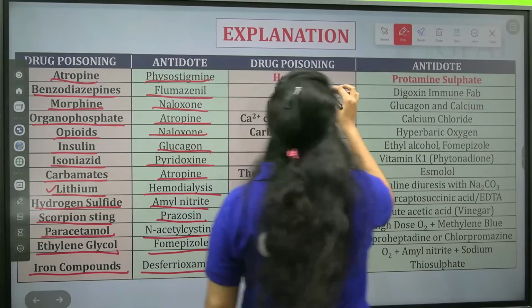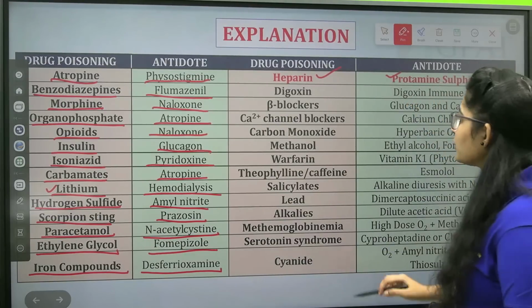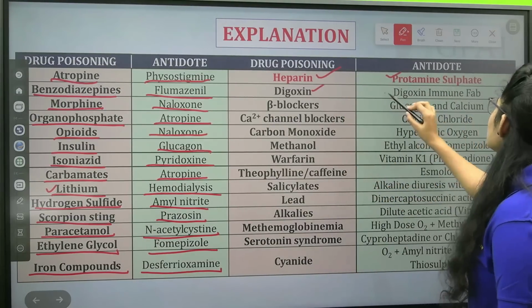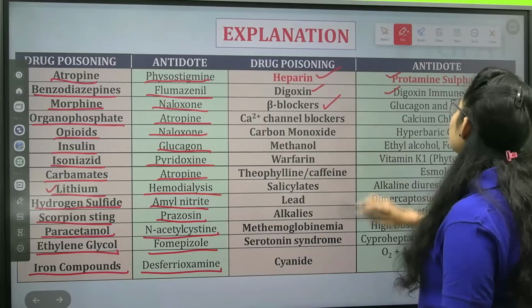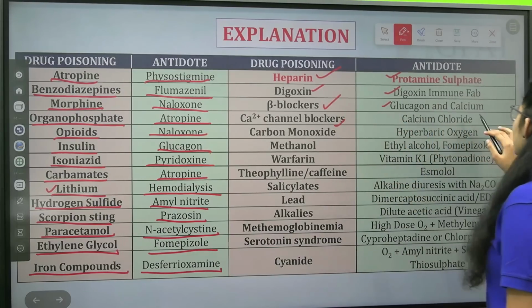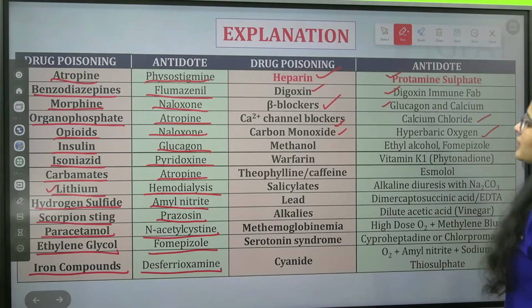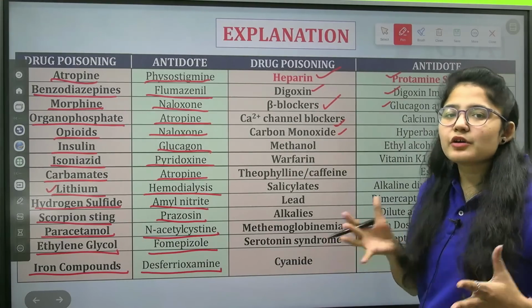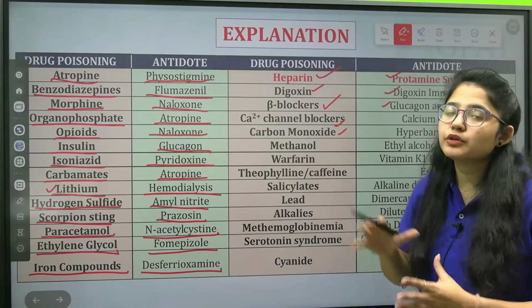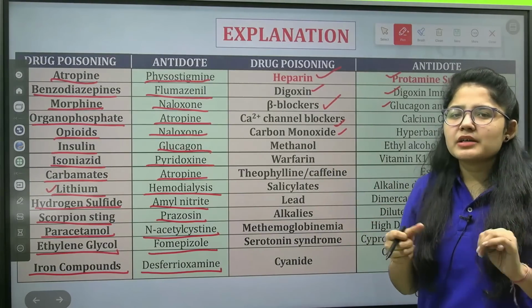Next, heparin poisoning is treated by protamine sulfate. Digoxin antidote is digoxin immune Fab. Beta blocker overdose is treated with glucagon and calcium. Calcium channel blockers by calcium chloride. Carbon monoxide by hyperbaric oxygen, because only oxygen can replace the carbon monoxide produced at the time of your fire condition, burn condition.